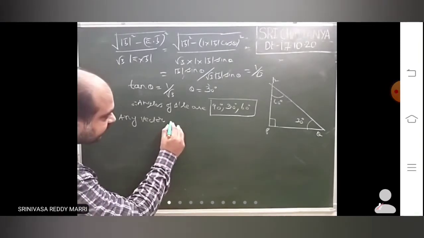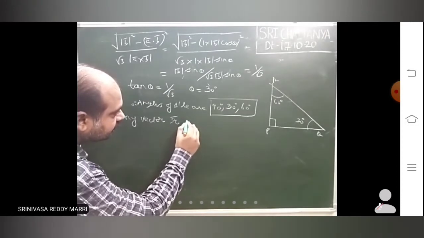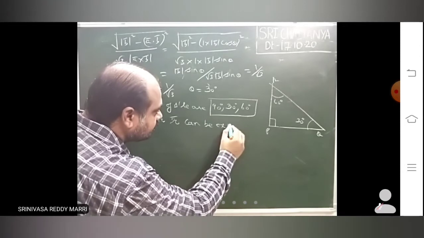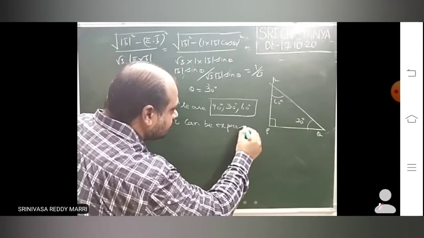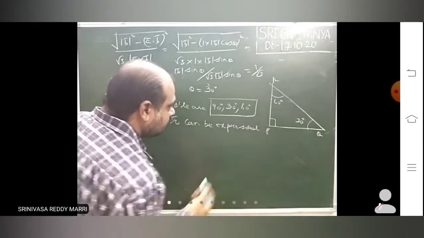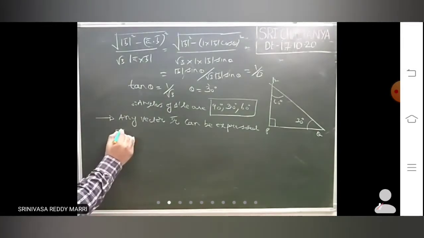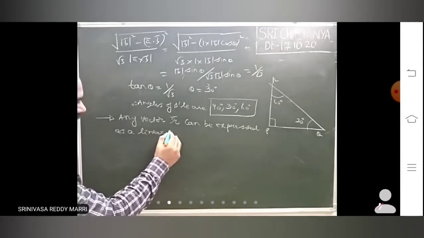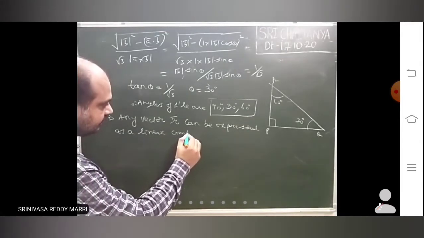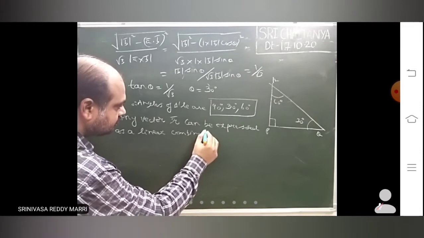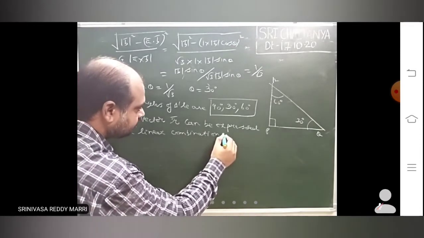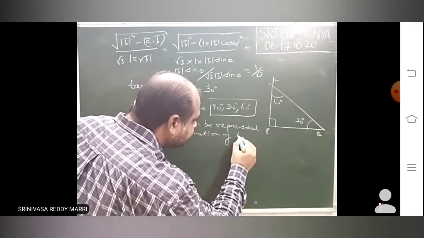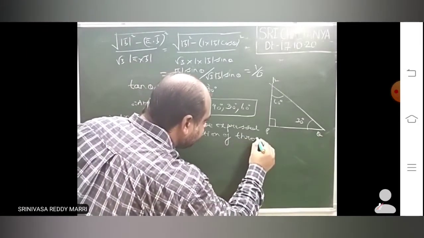Any vector R bar can be expressed as a linear combination, very important point, as a linear combination of three non-coplanar vectors.